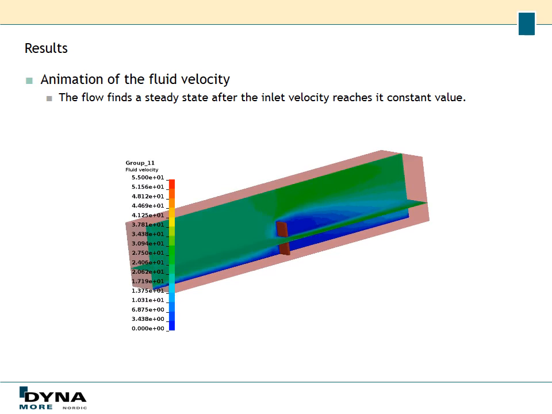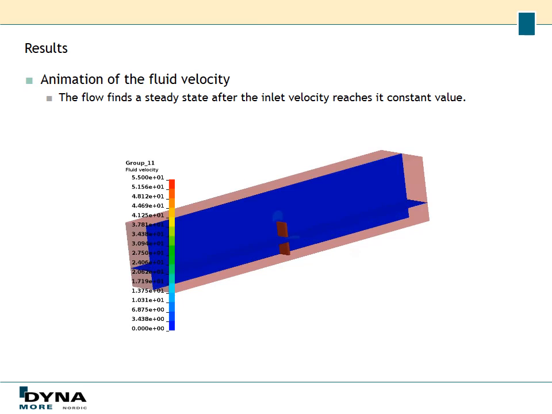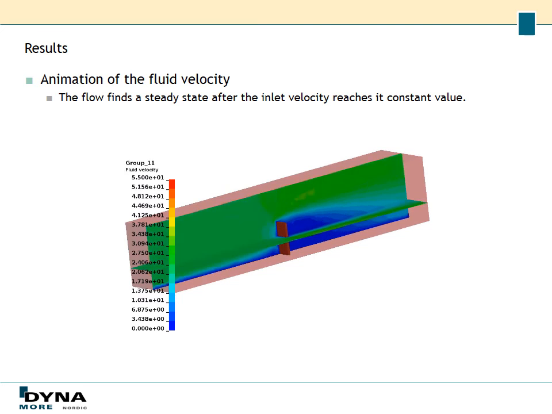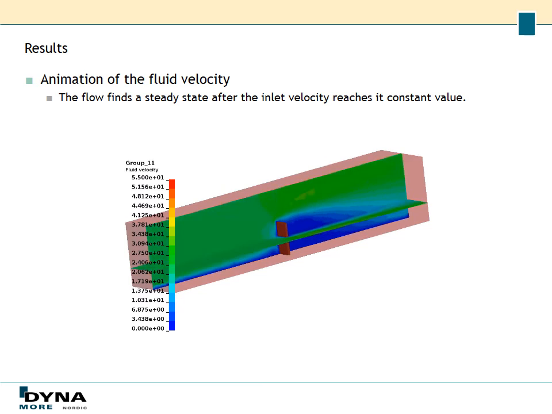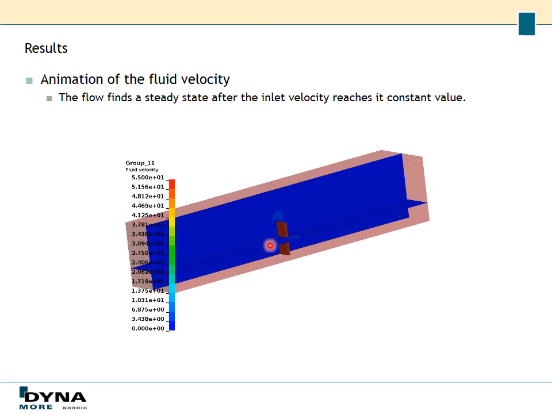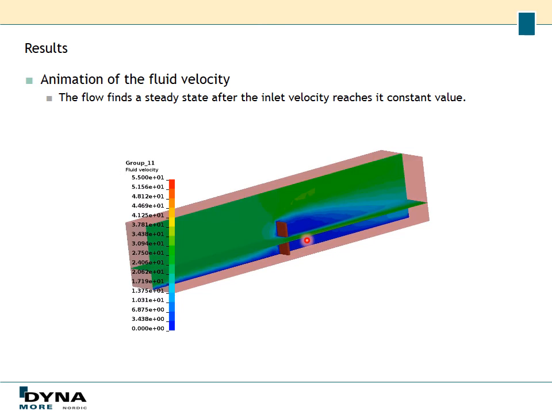Here you can see how the fluid velocity develops over time. And as you can see, it reaches a steady state when the velocity reaches its constant value. But I'm pretty sure that if you refine the mesh, you will see that you get a more unsteady flow around the plate.